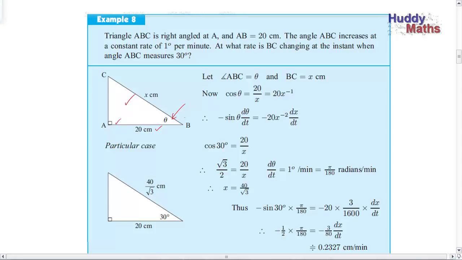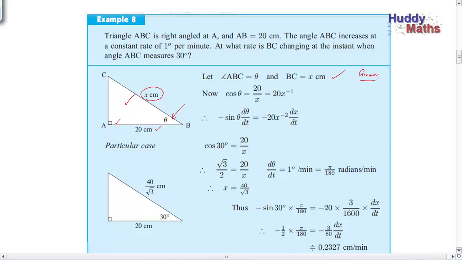At what rate is BC changing? So we introduce a pronumeral x here because it's a variable. We put those things up here and start the problem off, clearly describing what those introduced pronumerals mean.